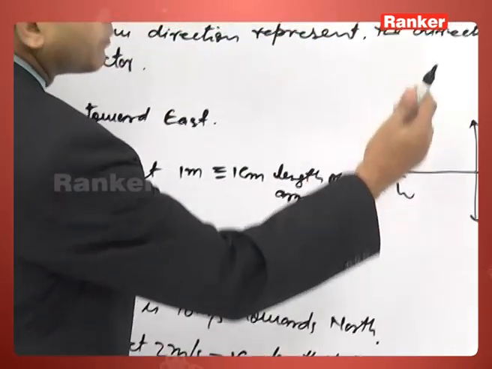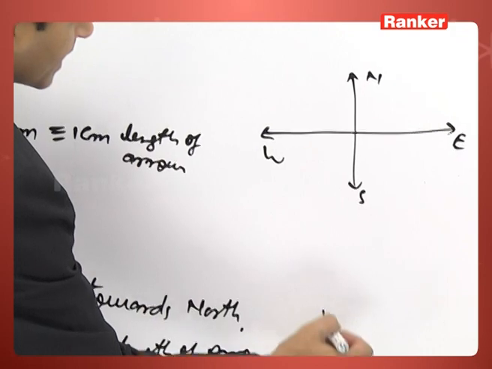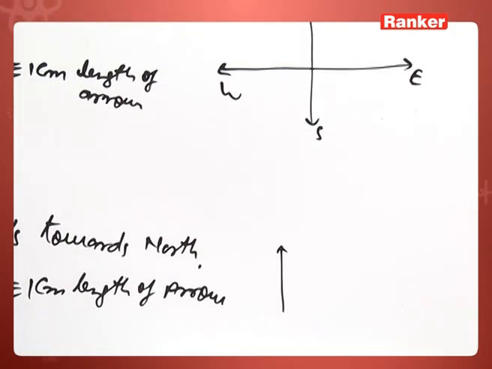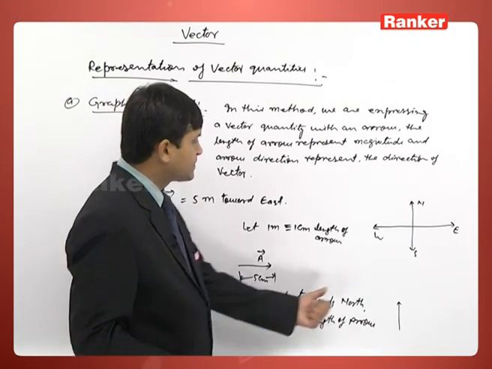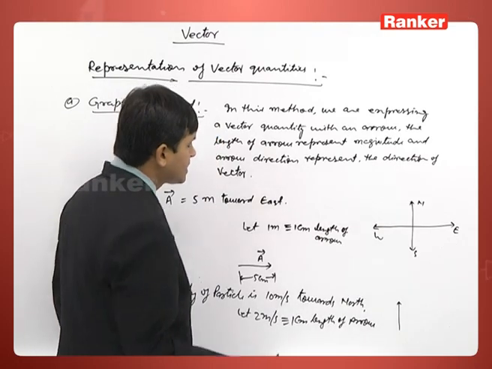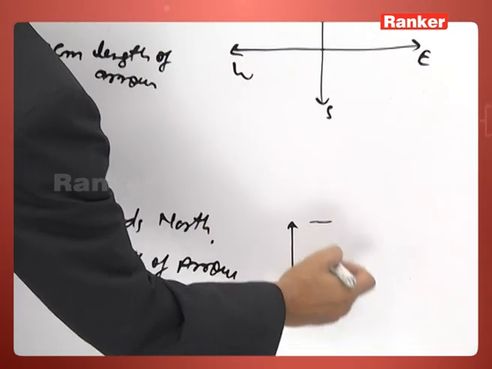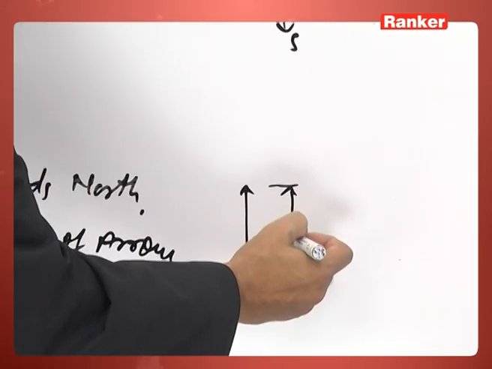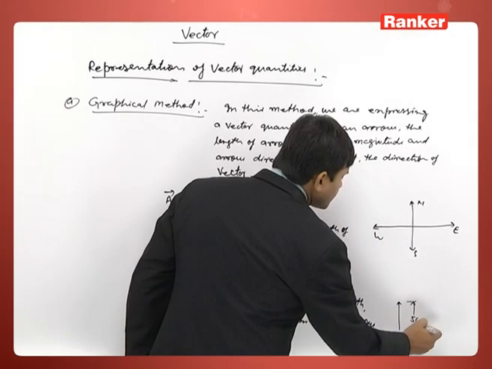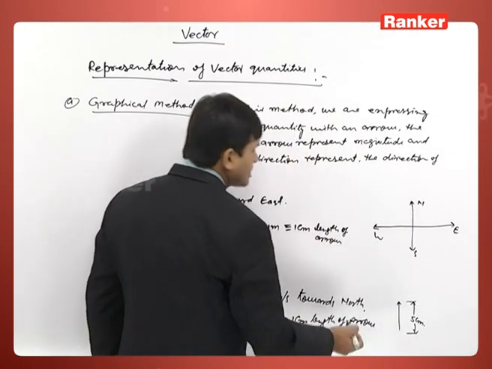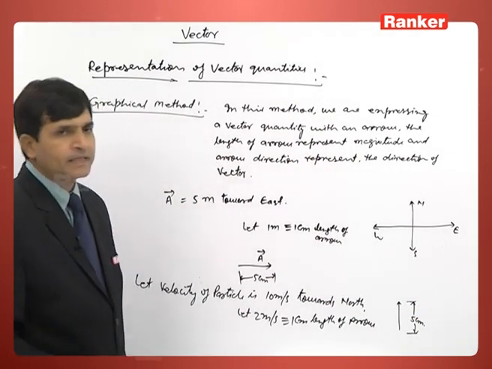North is upward, so let this be the arrow. The arrow represents the direction, and the length of the arrow is equivalent to 5 centimeter. This indicates the velocity.